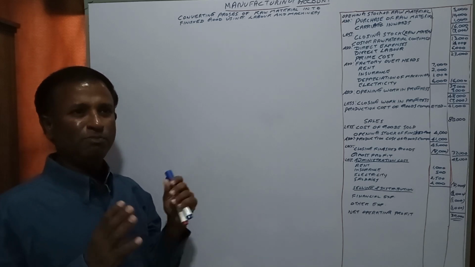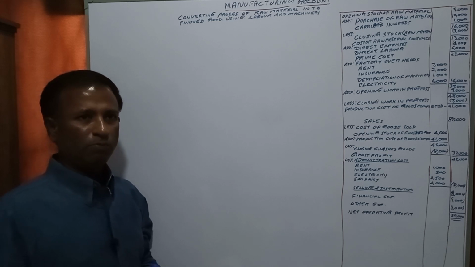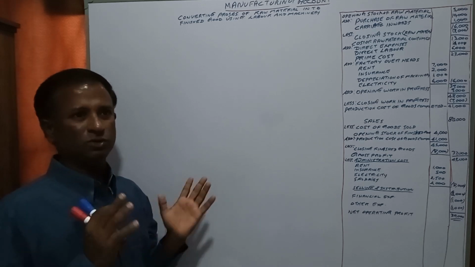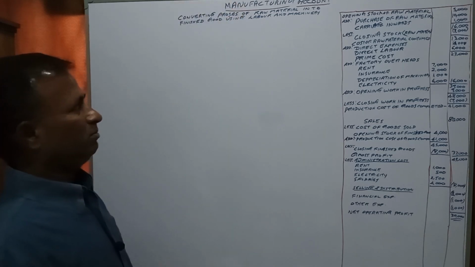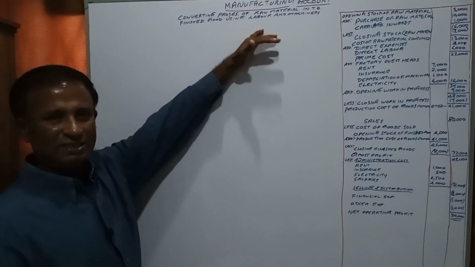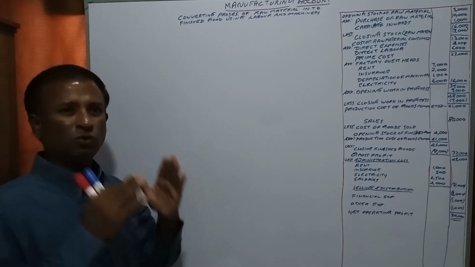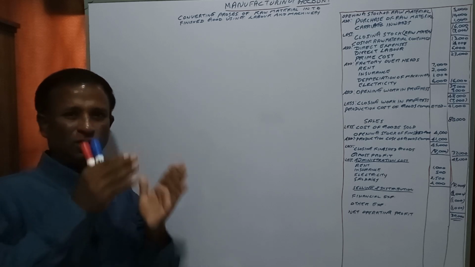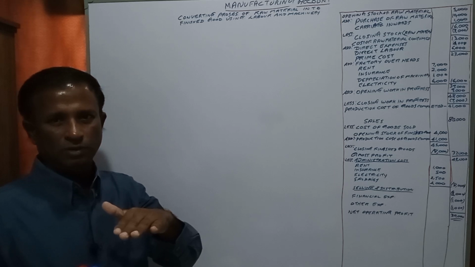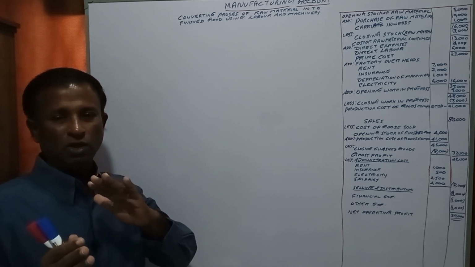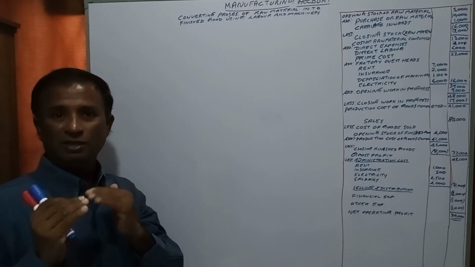What is manufacturing? You have to differentiate the manufacturing process and the trading process. What is the trading process and what is the manufacturing process? A manufacturing concern converts raw materials into finished goods, right, to be consumed by the ultimate consumer.